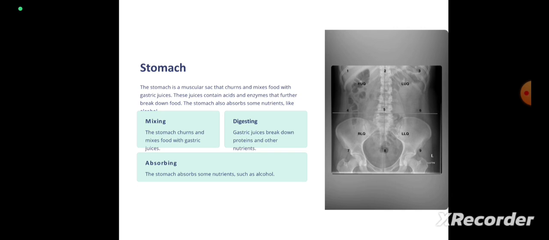Mixing, digestion, absorbing. Mixing: the stomach churns and mixes food with gastric juices. Digestion: the gastric juice breaks down protein and other nutrients. Absorbing: the stomach absorbs substances such as alcohol.